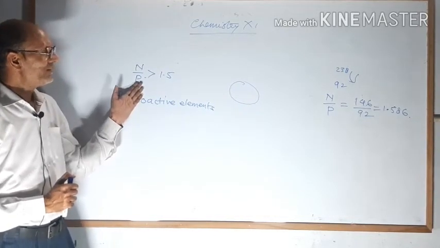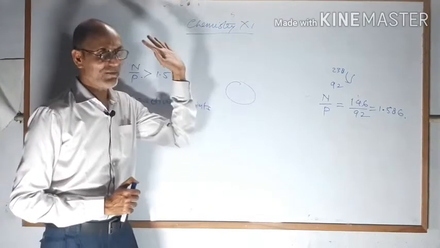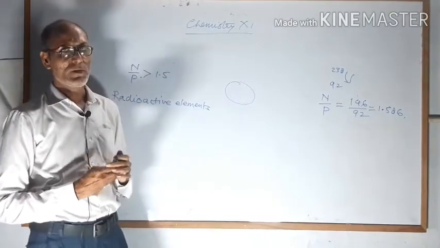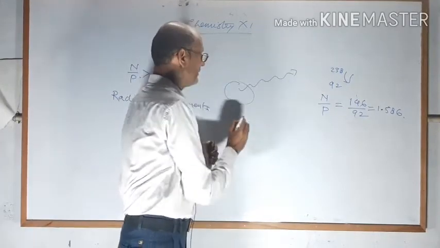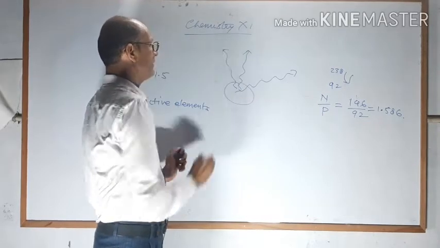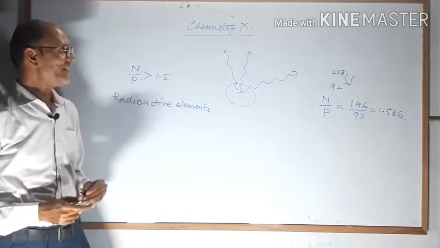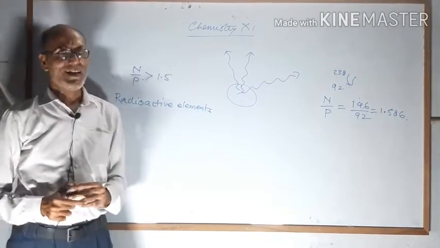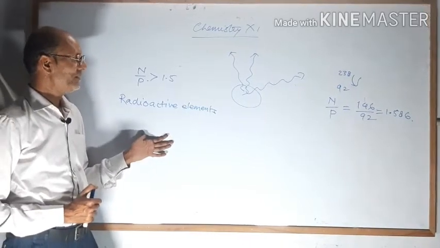So they evolve some mass from the nucleus in the form of rays. And they emit 3 types of rays, that means 3 types of radiation, and these are called radioactive radiation.